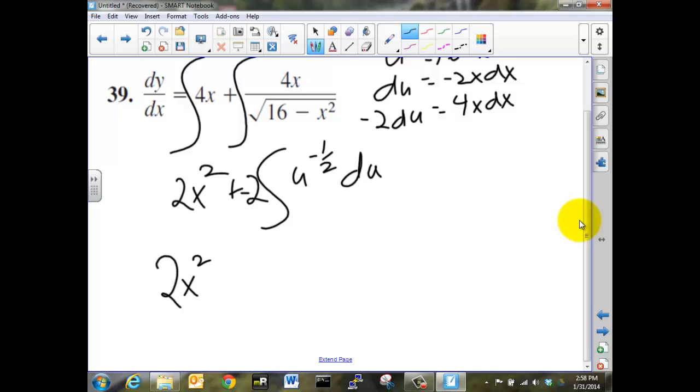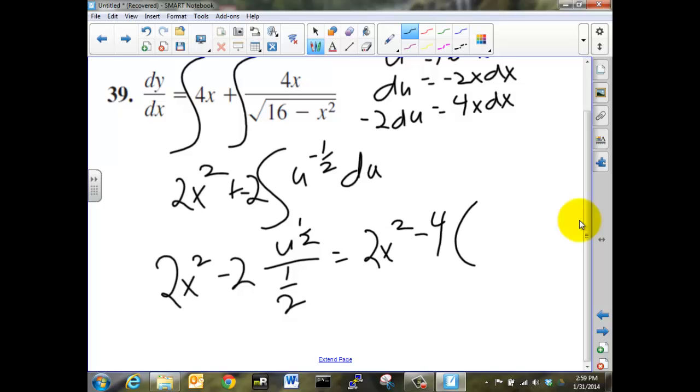So when we integrate it, we get u to the 1/2 divided by 1/2, which becomes that ugly mess there. 2x squared minus 4 times 16 minus x squared to the 1/2 power plus C. Leave it like it is.